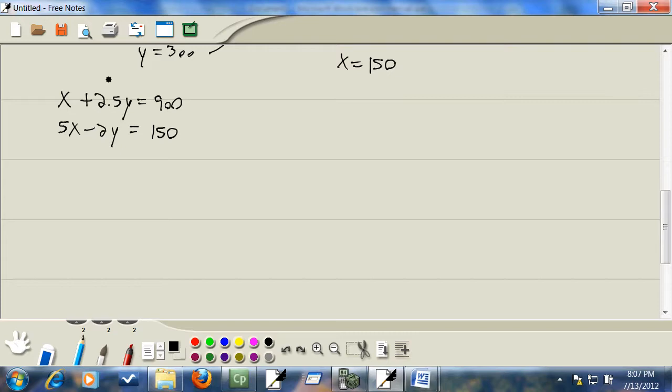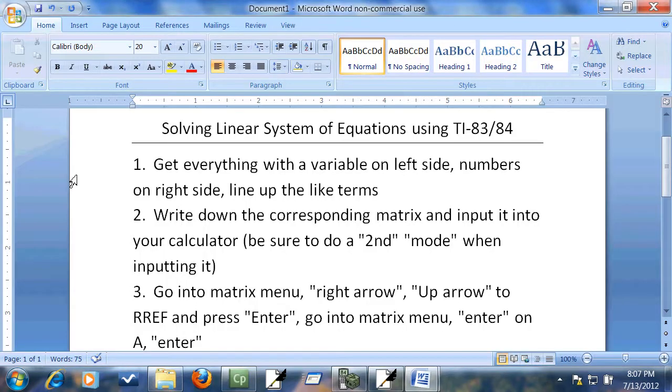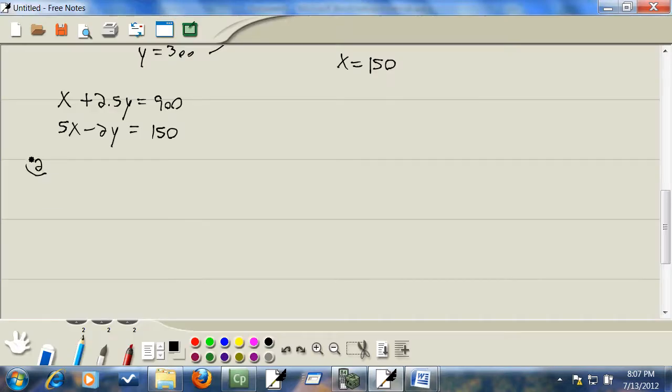X is lined up, Y's are lined up, and that's step 1's done. Step 2, write down the corresponding matrix and input it in your calculator. Now, a corresponding matrix, we drop the x's, the y's, and the equals and keep the numbers. So we got 1, 2.5, 900, 5, negative 2, and 150.